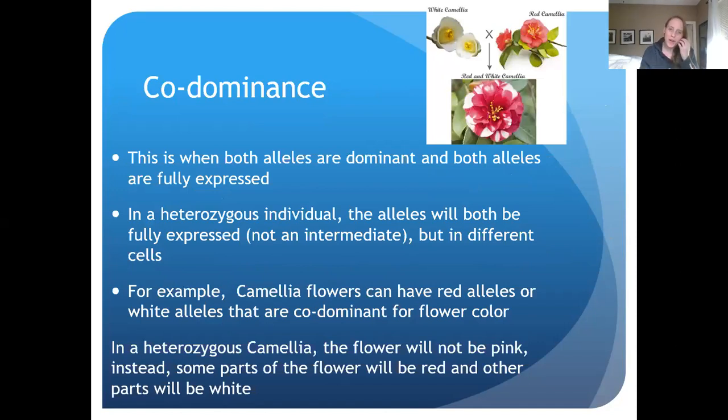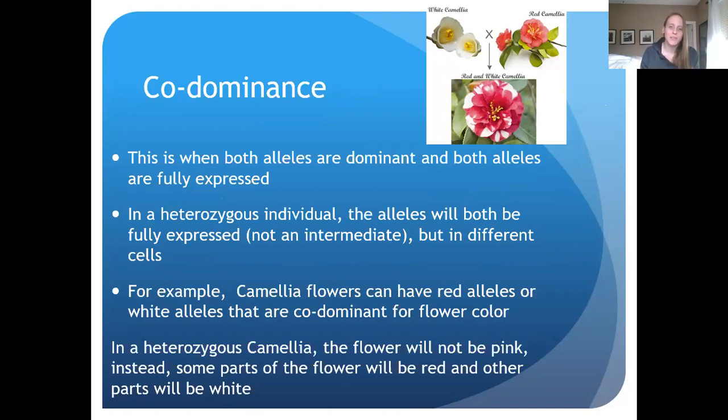And then codominance happens when, once again, you have two alleles for a trait, but this time both of them are dominant. So both will be expressed, just in different areas. In this case, a heterozygous individual, someone with both alleles, would have both traits fully expressed in different areas of their body.